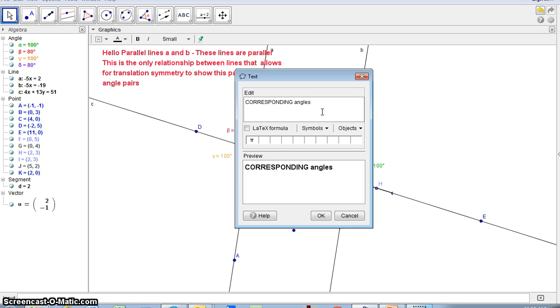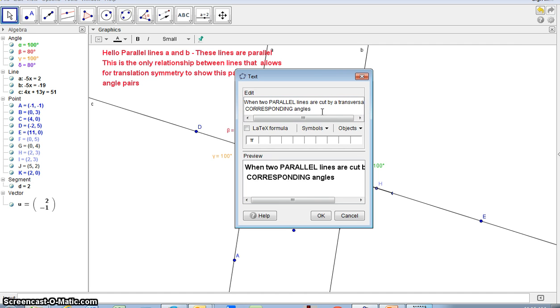And the formal definition for this phenomenon that we're seeing is when two parallel, and that's the important part here, when two parallel lines are cut by a transversal, corresponding angles are congruent.